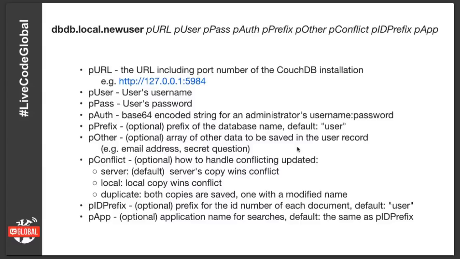Also, conflict resolution. By default, the server always wins in conflict resolution, but you can set it so that the local copy wins. And then there's also an option for duplicate, which means if there's a conflict, there will be two copies of whatever document you've got.